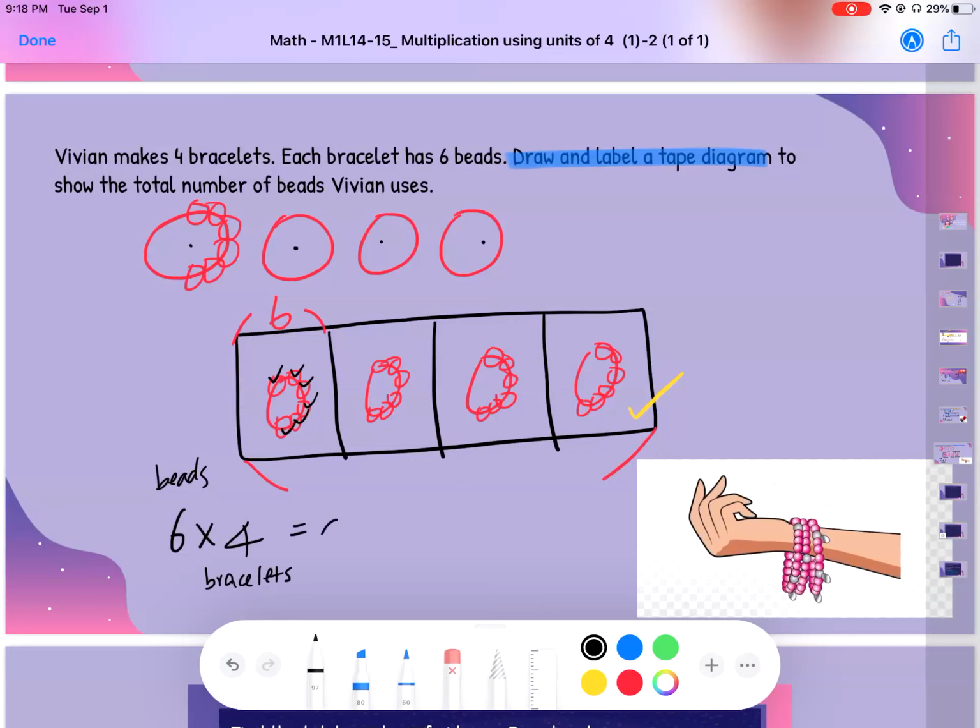So my total is 24 beads. So I'm going to put my 24 here. Did I label the top blank, bottom blank? Yes.